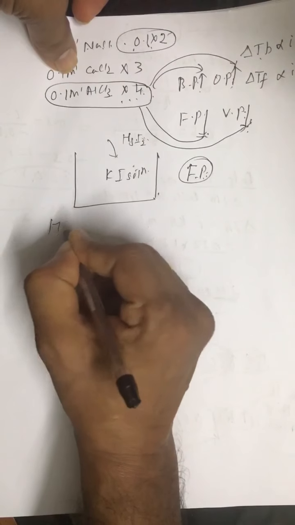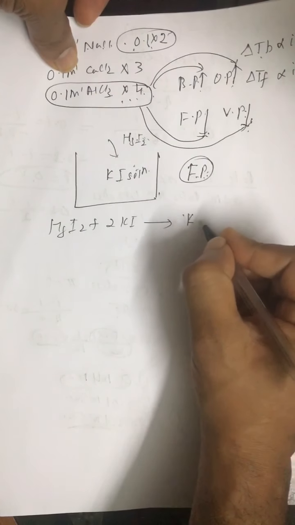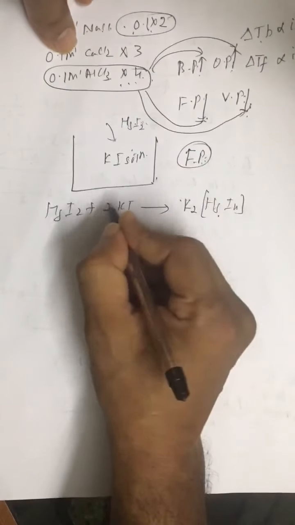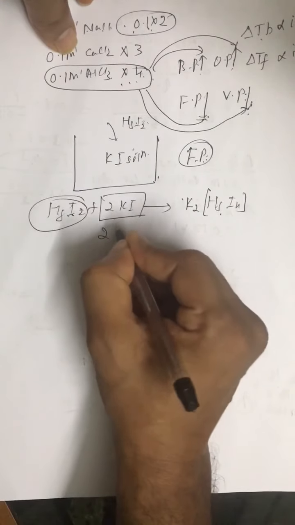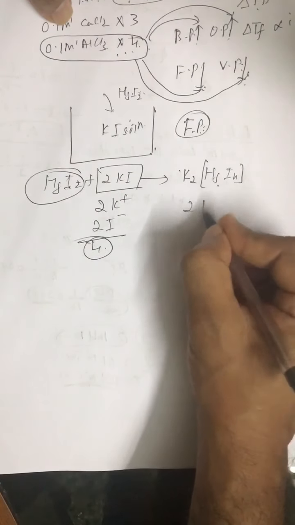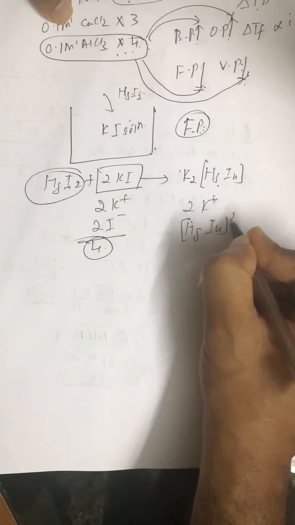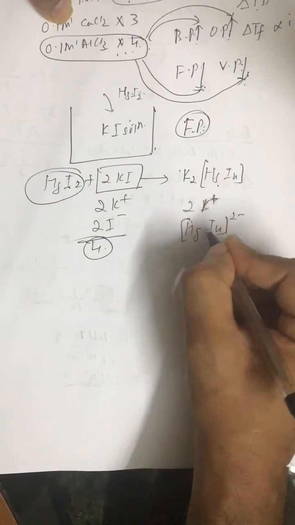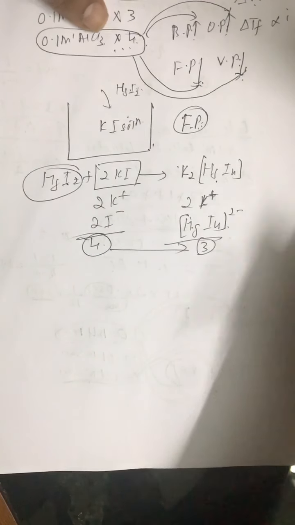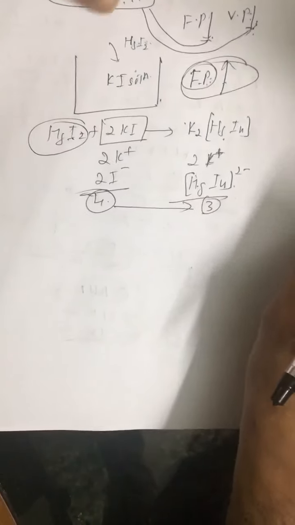When HgI2 is added to KI solution, a complex forms, K2HgI4. Before mixing HgI2, we have 2 K positive and 2 I negative, a total of 4 particles, whereas after mixing we have only 3 particles: 2 K positive and 1 HgI4 2-. So there is a decrease in the number of particles, and the freezing point increases. You should be careful about this kind of question.